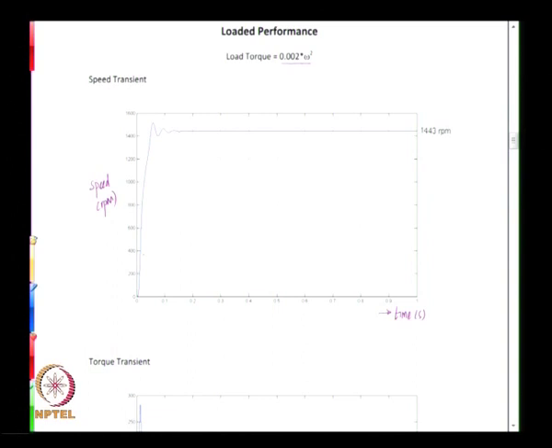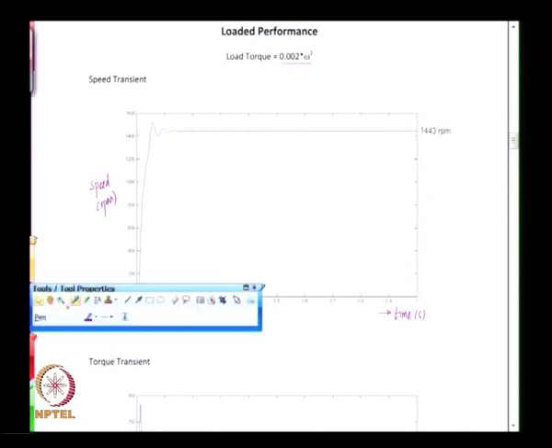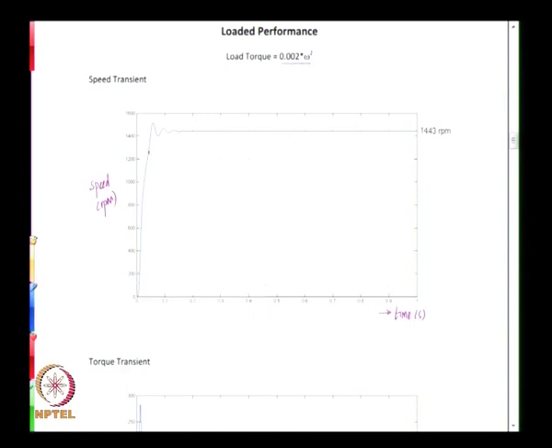So here again the speed rises, goes beyond the point where it settles down, and then there is a speed oscillation, and finally the speed settles down at 1443 rpm. That is a reasonable slip.